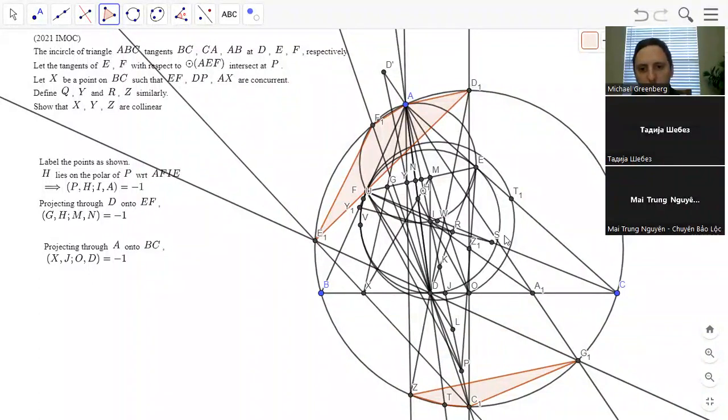And G1T. Okay. XB over XC is equal to E1B over E1C.